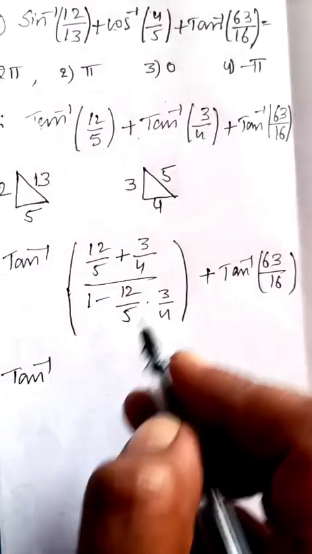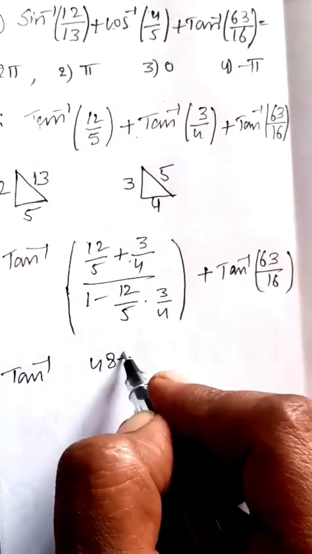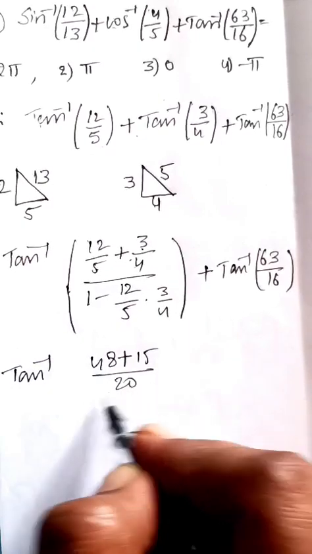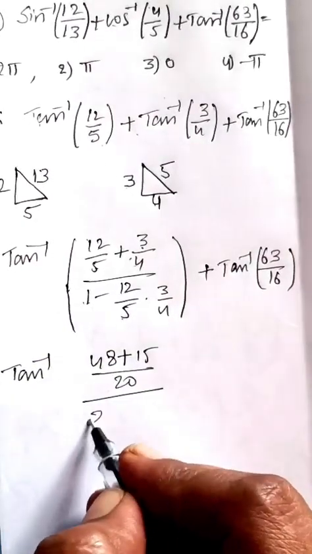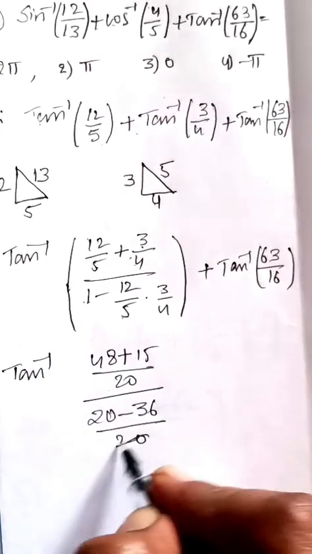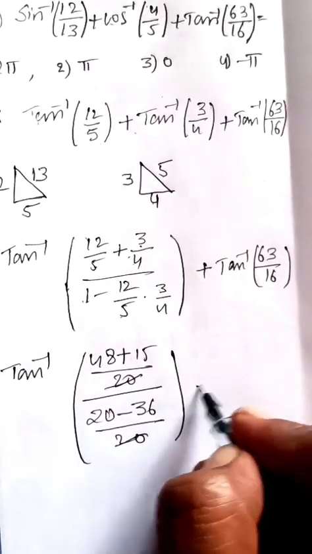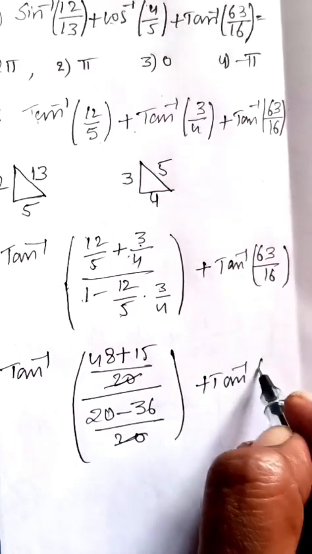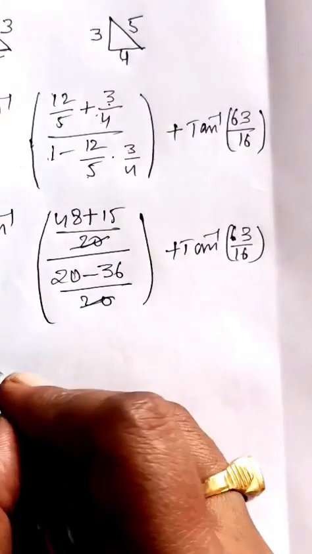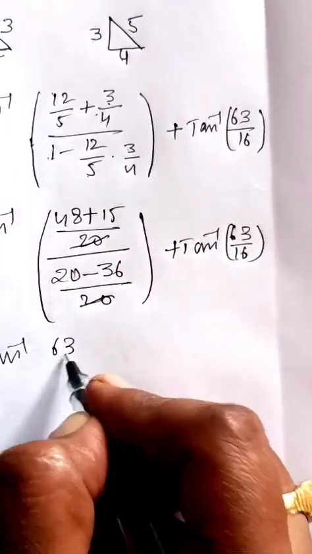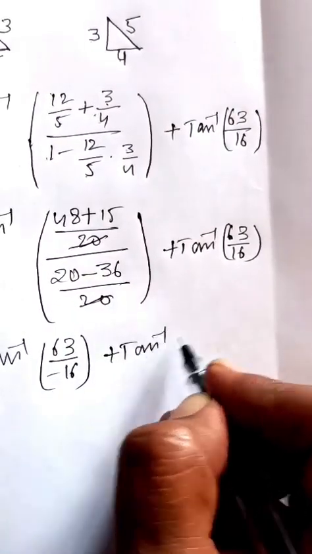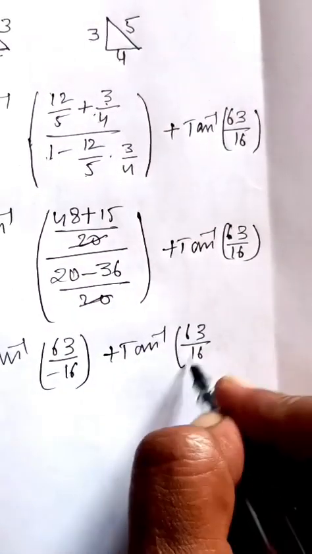Tan inverse of 12 into 4 is 48, plus 5 into 3 is 15, over 5 into 4 is 20, so 20 into 1, 20, minus 12 into 3 is 36, so 48 plus 15 is 63 by 20 minus 36, which gives tan inverse 63 by minus 16, plus tan inverse 63 by 16.